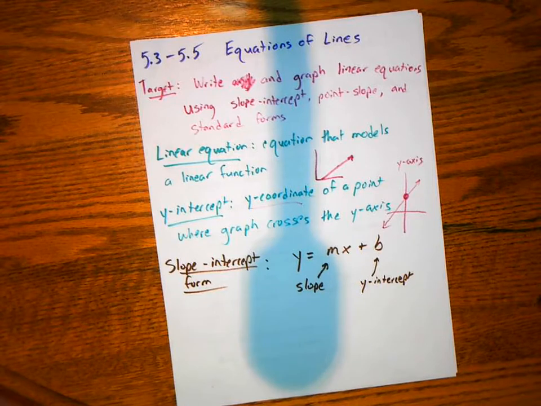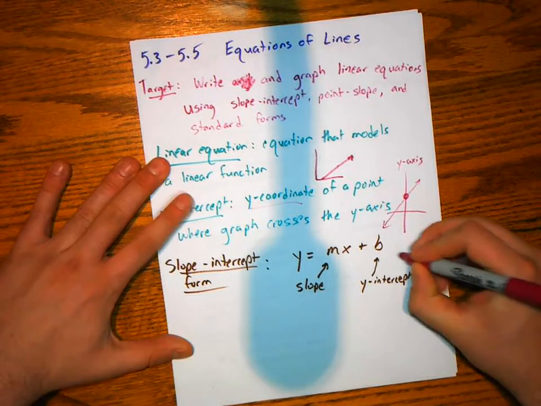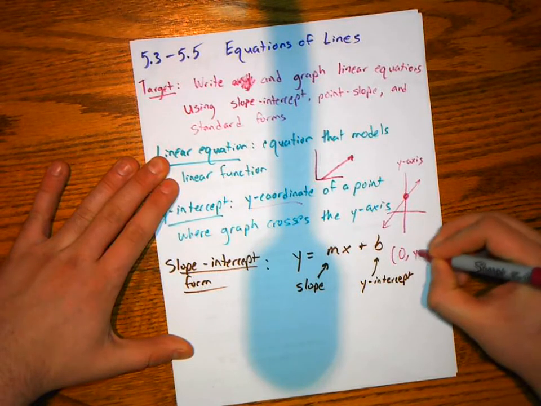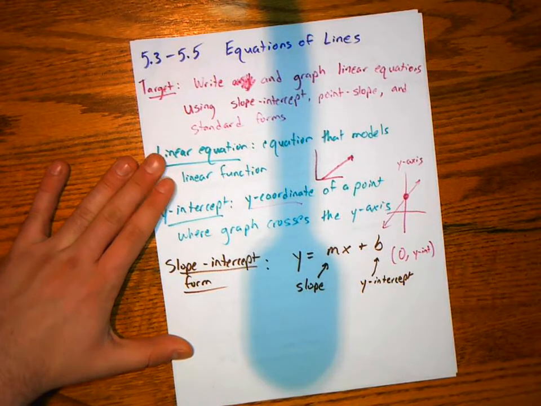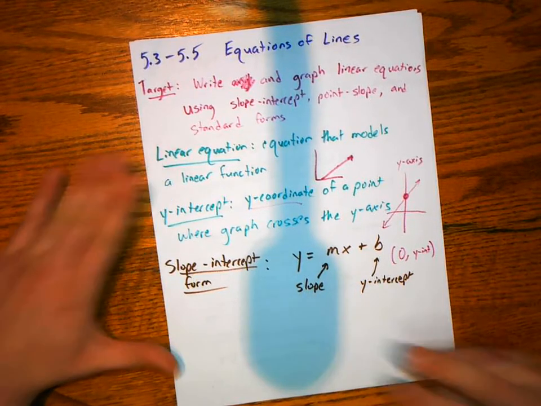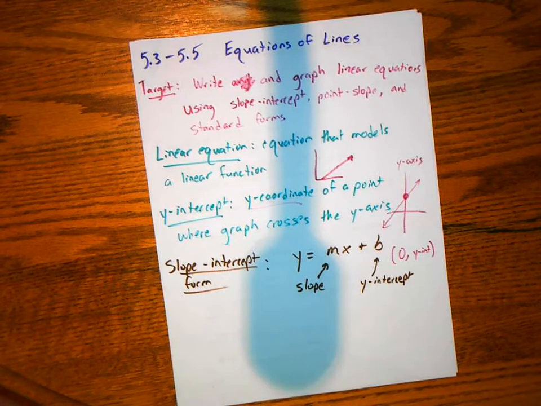So the form that you're most familiar with is the slope-intercept form, which is y equals mx plus b, and the only thing you need for a slope-intercept form to write an equation is the y-intercept point, or any point that is 0 and the y-intercept, and then you also need the slope, which was in the last video I talked about, rate of change and slope, and that's what is represented as m here.